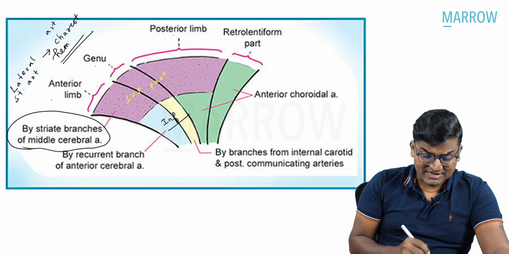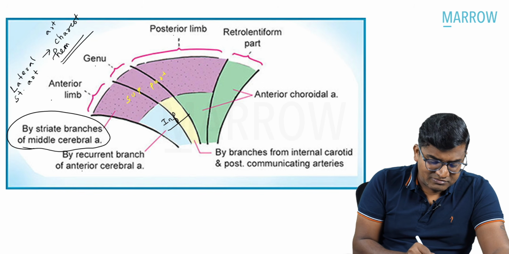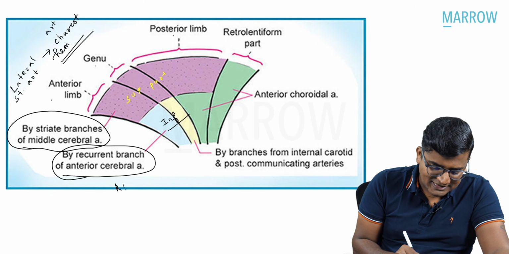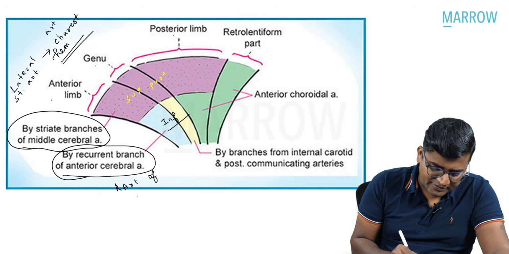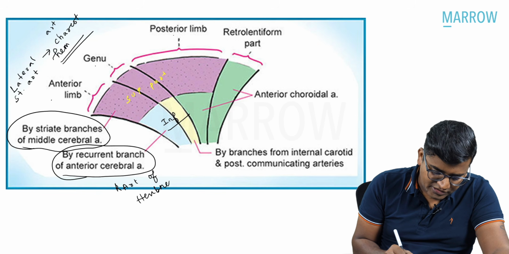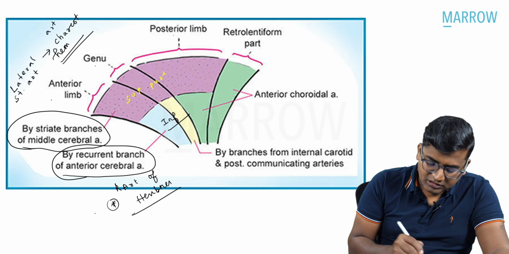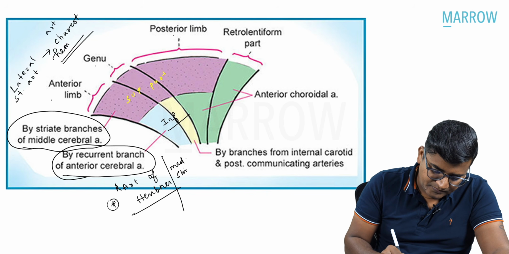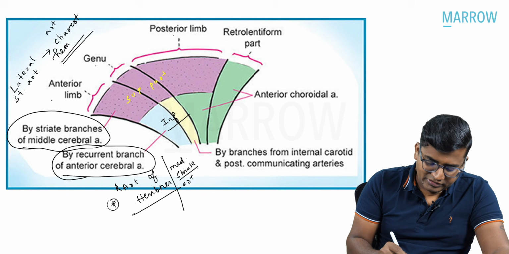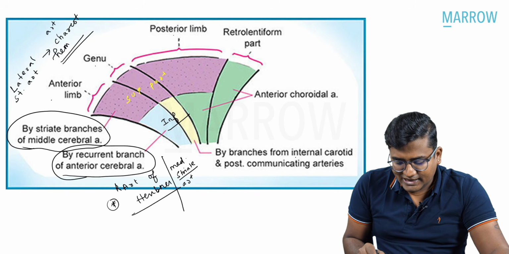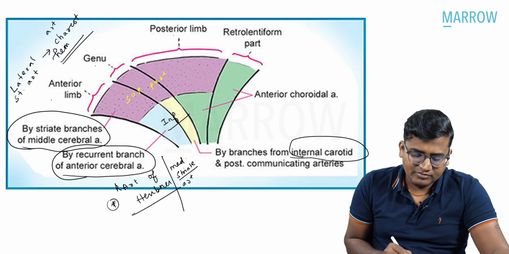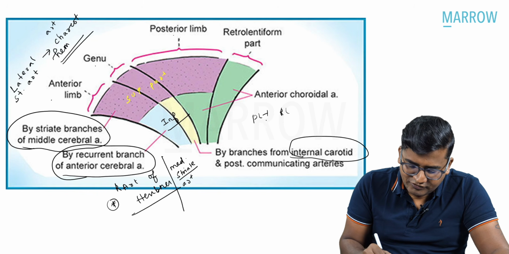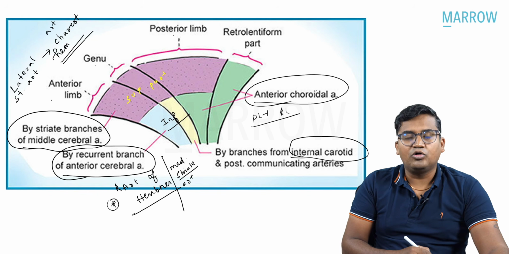Now the inferior part of the anterior limb is supplied by the recurrent branch from the anterior cerebral artery, which is also called the recurrent artery of Heubner, or the medial striate artery. The inferior part of the genu is supplied by direct branches from the internal carotid. The inferior part of the posterior limb plus the entire retrolentiform part is supplied by the anterior choroidal artery.